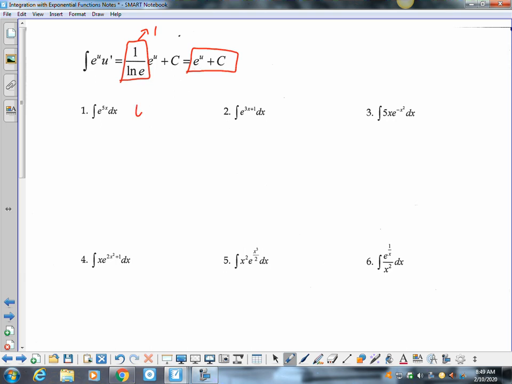So what's your U? What's your DU? Okay, so what do I need? I need a 1/5 integral of. So what do we got?